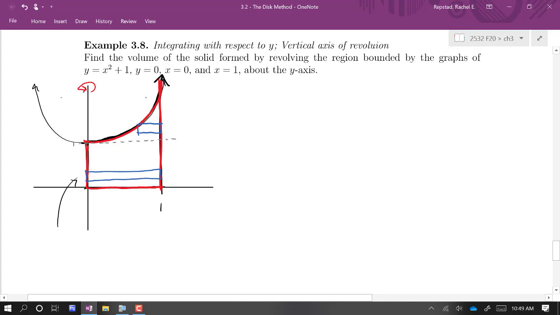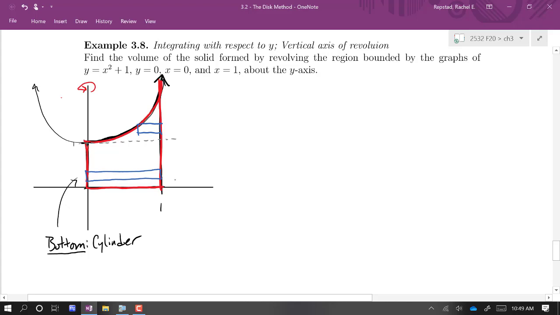We could think of it as one big block about the y-axis. We get a single solid cylinder. In fact, we don't even really have to integrate. So just using geometry, the bottom is a cylinder of radius 1, right?